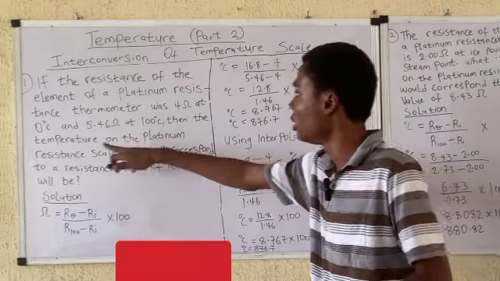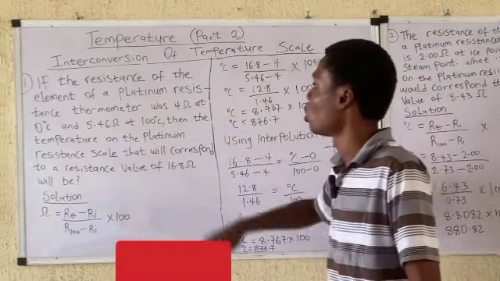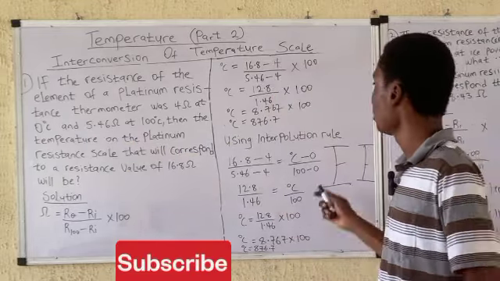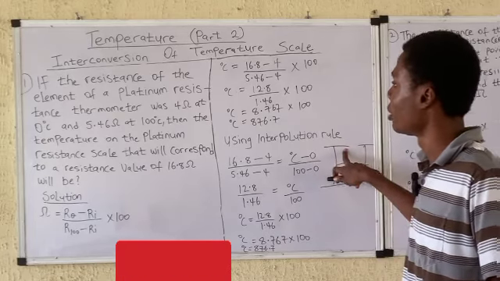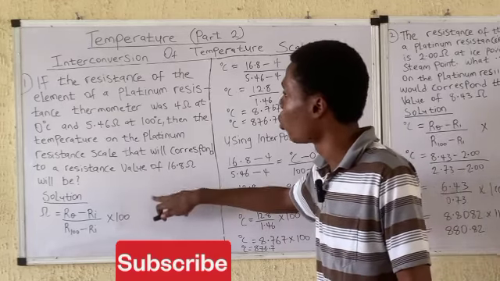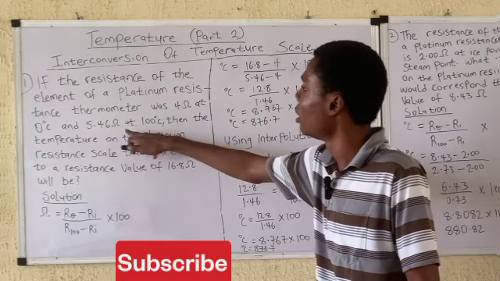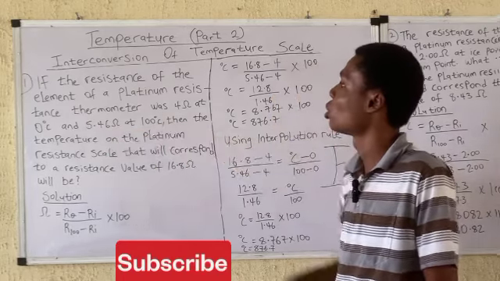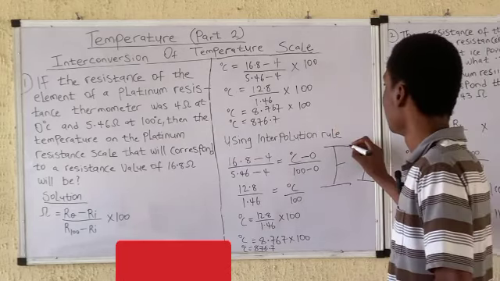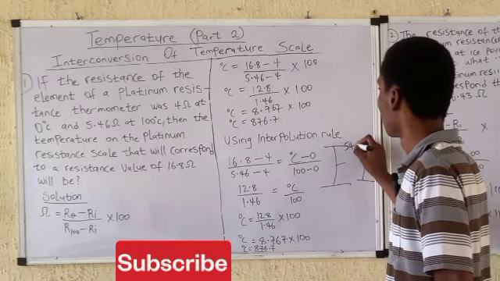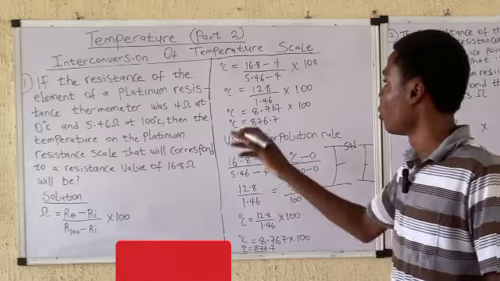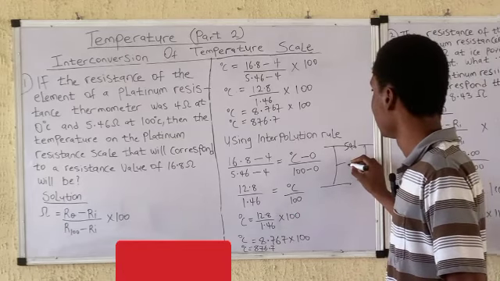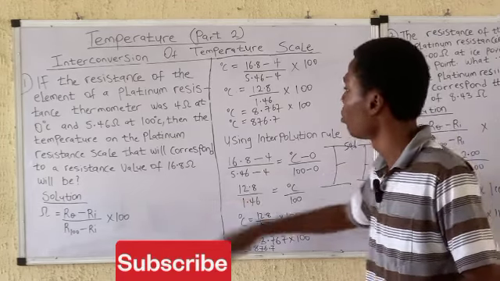As you can see, they use degree Celsius here. So what is the upper fixed point for our question here? Our upper fixed point is 5.46, at 100 degrees Celsius. So we use 5.46 here. Then we know we are using resistance. Our resistance is 16.8.